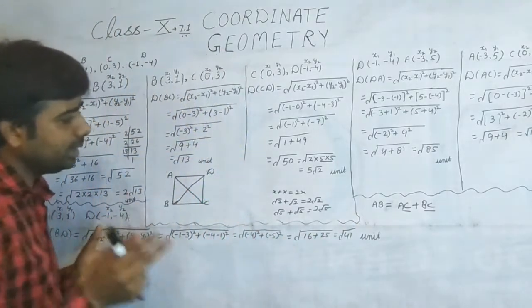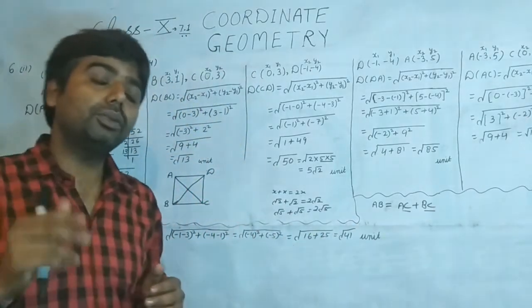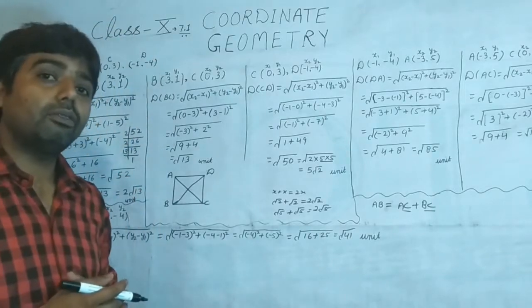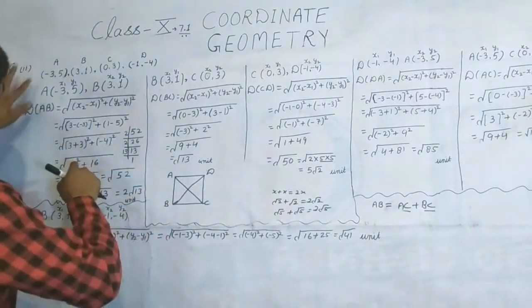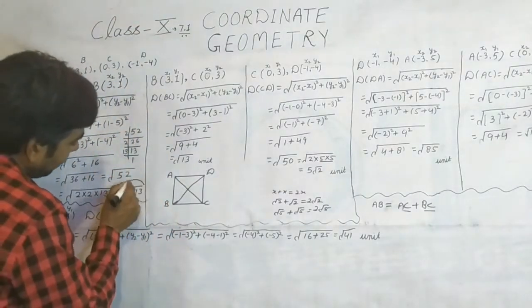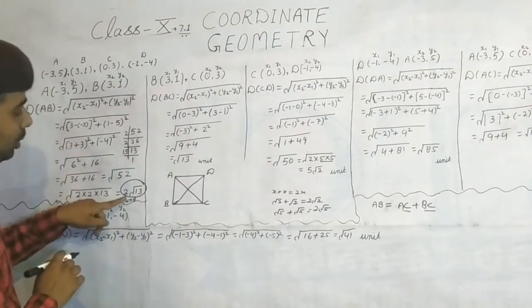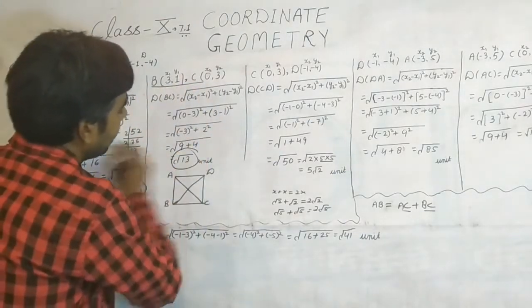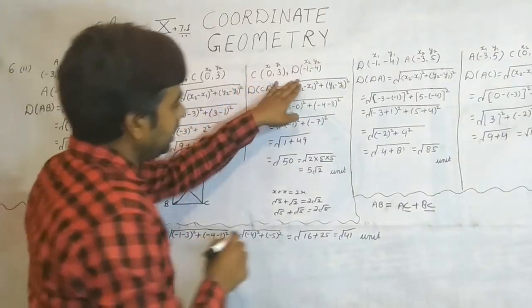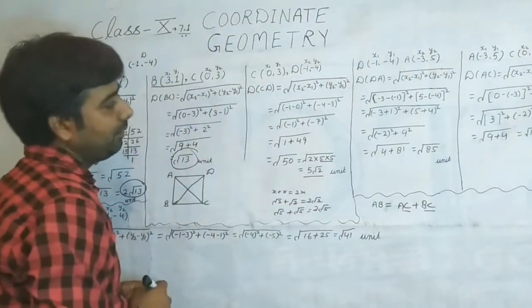After doing all these, what will you notice? Look here. The value of AB is 2 under root 13. The value of BC is under root 13. The value of CD is 5 root 2.